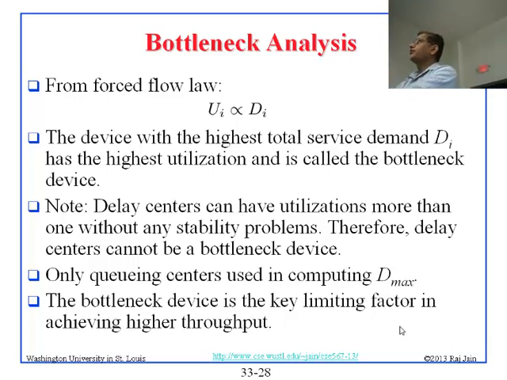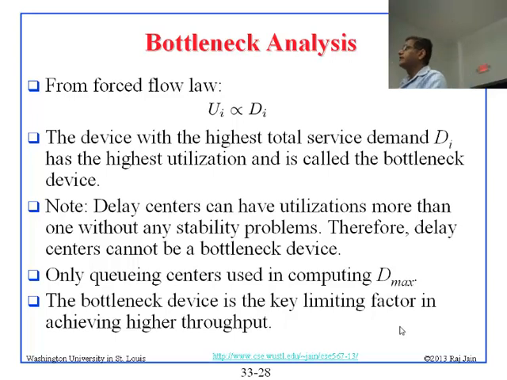First of all, we know that utilization is proportional to Di, because the utilization law combined with the forced flow law said Ui equal to X Di. X is constant, so therefore Ui is proportional to Di.